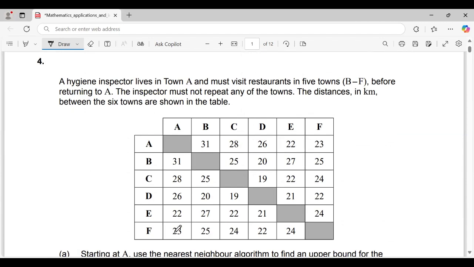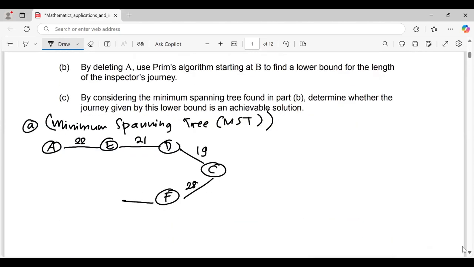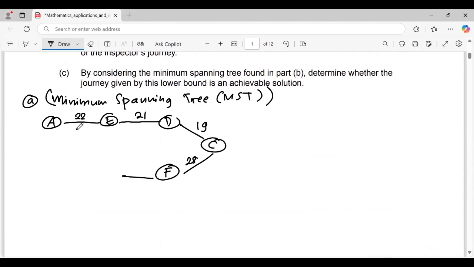B, because A is the first town, means B. B is 20. This is 24. Sorry, FC is 24. F to B is 25. And after that, return to B to A, 31 kilometers.